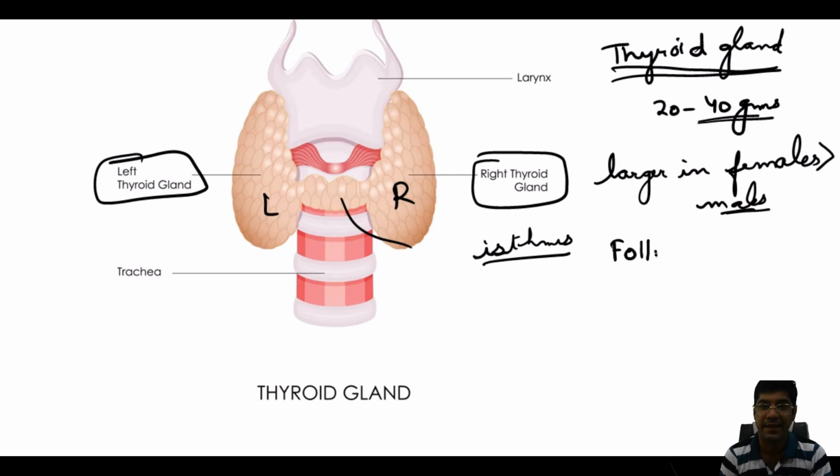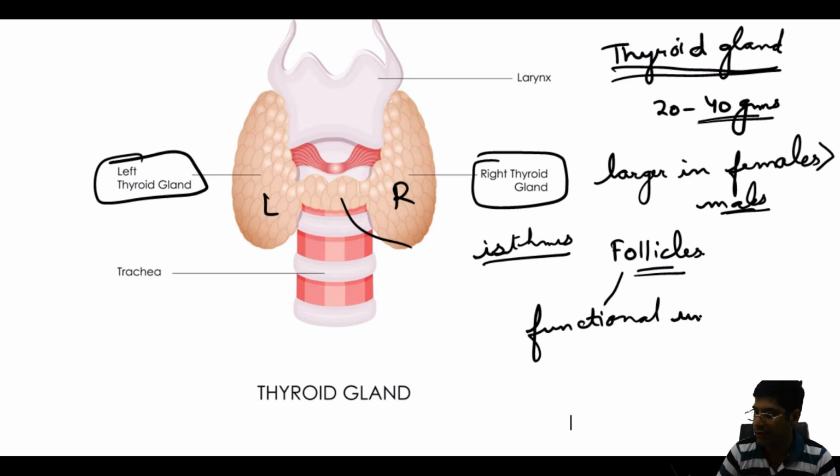The thyroid gland is made up of a large number of spherical structures known as follicles. These follicles are the functional unit of the gland. Each follicle is lined by cuboidal epithelial cells known as follicular cells.